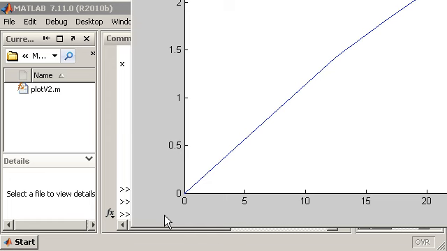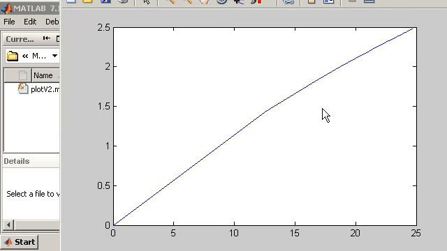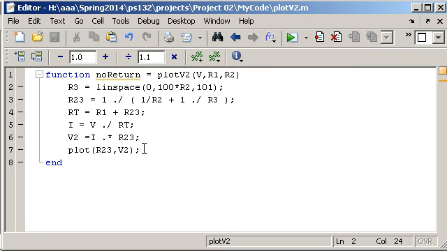So if we do that, sure enough, it never goes beyond 2.5, and it seems to be getting very close to 2.5. If I try 1,000 times R2, I'm a little surprised it doesn't approach it asymptotically, but I don't know.